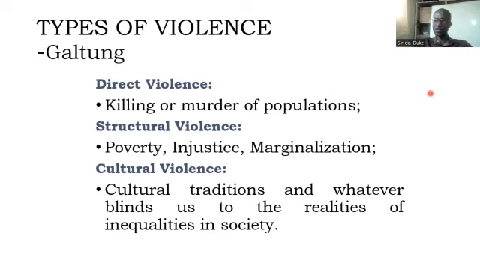Inequitable distribution of power in a society causes structural violence. It also causes poverty and injustice, that is, social injustice and marginalization of certain groups of populations. That is structural violence. The causes and sources of the conflict are embedded in the social structure.